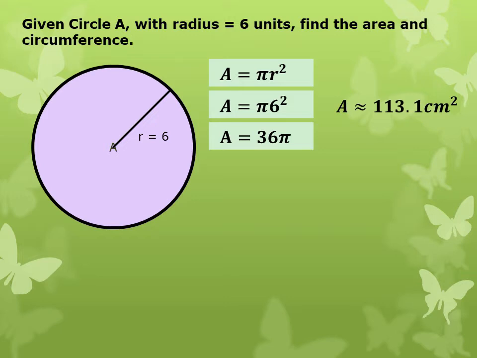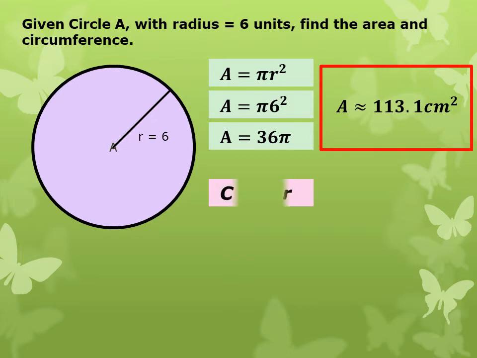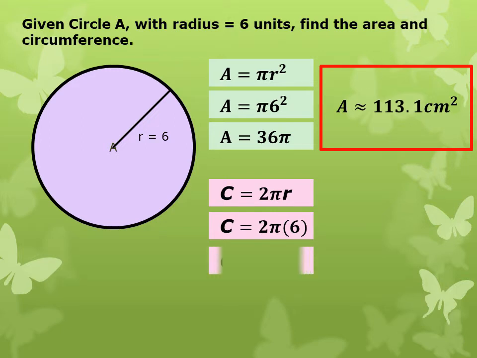How about the formula for the circumference? Very good, the formula is C equals 2 pi r. Substituting the radius, we have C equals 2 pi times 6, and 2 times 6 equals 12 pi.